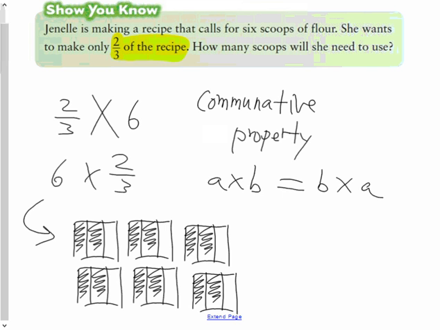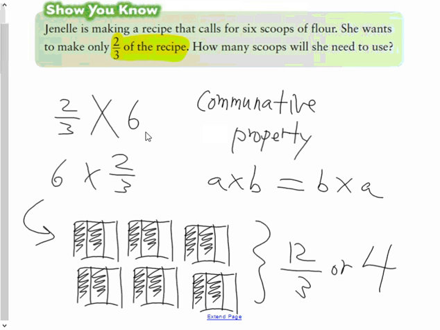I would then say I have how many thirds altogether? 12 thirds, sorry, 12 thirds. Altogether, I would have 12 thirds needed for this recipe. Or, since that is an improper fraction, 12 thirds as a whole number is exactly the number 4, right?